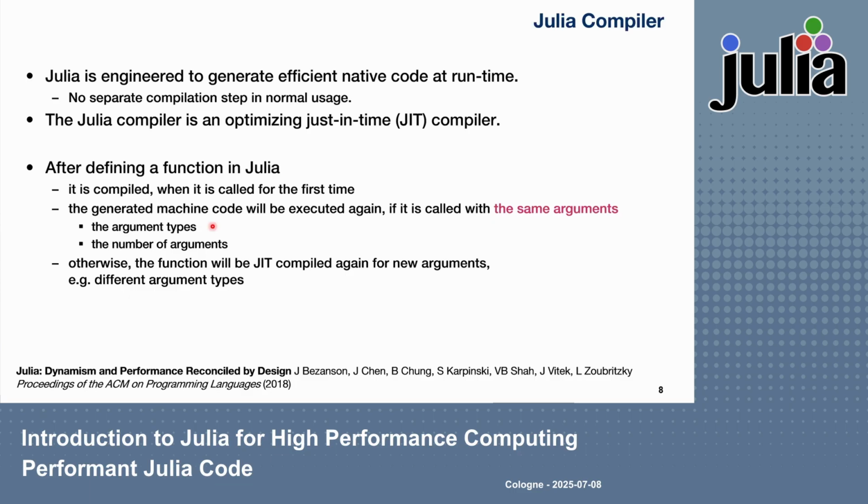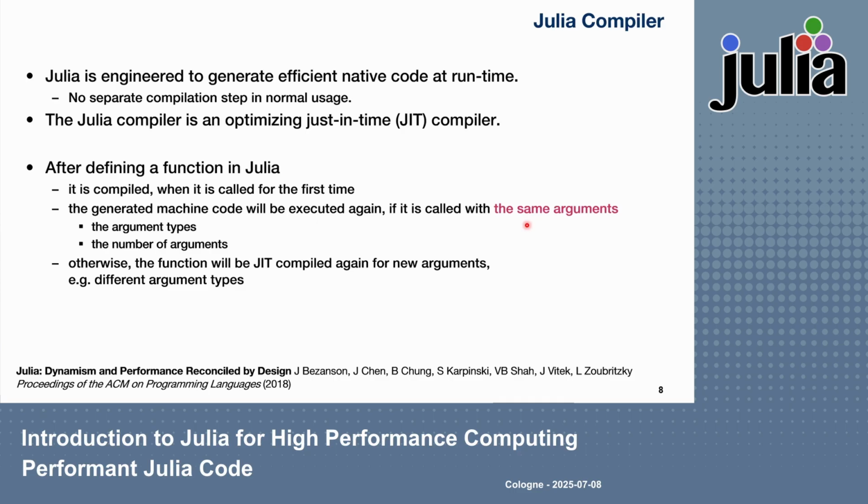A function is compiled, or the machine code is generated, if it is called with the same argument. Here, I would like to highlight the meaning of the same argument. The same argument means not only the number of arguments, but also the argument types. For example, whether the argument passed to the function is an integer, a double precision number, a single precision number, or even a complex number.